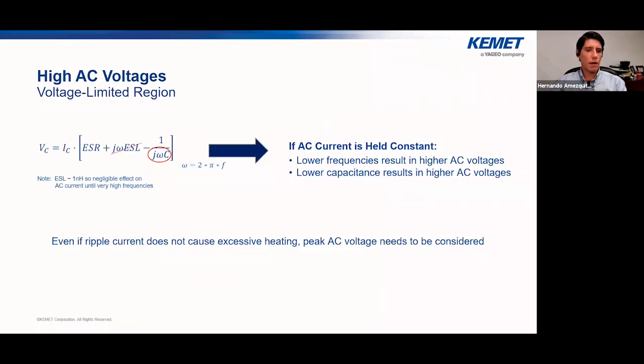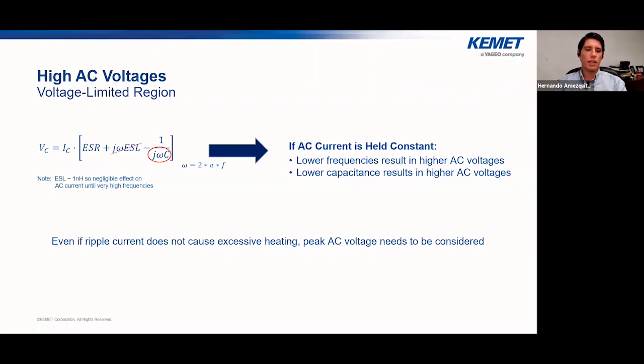Now, the same formula used for the AC current can also be used for the voltage calculation, but now based on the AC current and the impedance of the capacitor. In this case, the ESL also has a negligible effect because it is less than 1 nanohenry. Based on this formula, the effect of the frequency and the capacitance is notable, and it is inverse to that with the current.